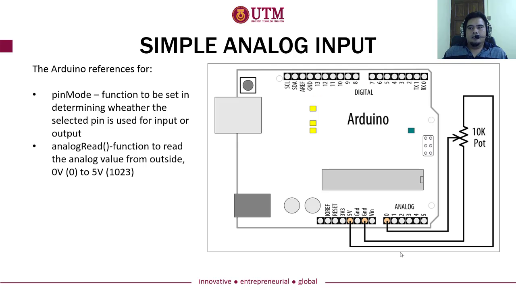Okay, so this circuit is just showing you an example. That's why we are putting a potentiometer here. Again, the potentiometer is not generating the electrical signal. The electrical signal comes from these two points. This is 5 volt, and this is ground.